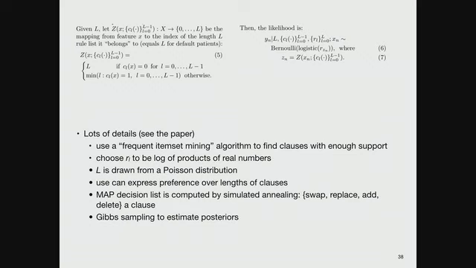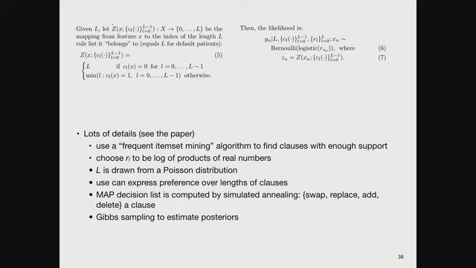L, the number of clauses, is drawn from a Poisson distribution, and you give it a kind of scale that says roughly how many clauses would you be willing to tolerate in your falling rule list.